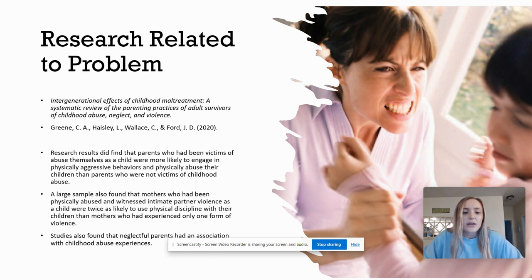It was a really large sample, but it found that mothers who had been physically abused and witnessed intimate partner violence as a child were twice as likely to use physical discipline with their own children than mothers who had experienced only one form of violence. And studies also found that neglectful parents had an association with childhood abuse experiences.